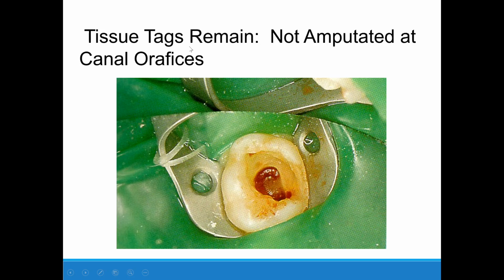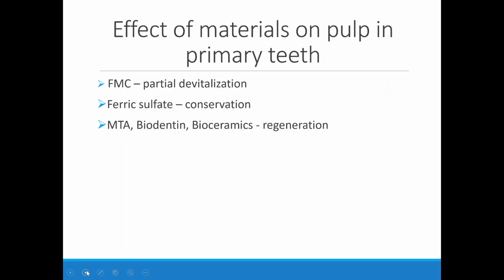If we speak about the effect of materials on pulp in primary teeth, formocresol leads to pulp fixation or partial devitalization, ferric sulfate leads to conservation, MTA, Biodentine, bioceramics to regeneration. These are different effects.